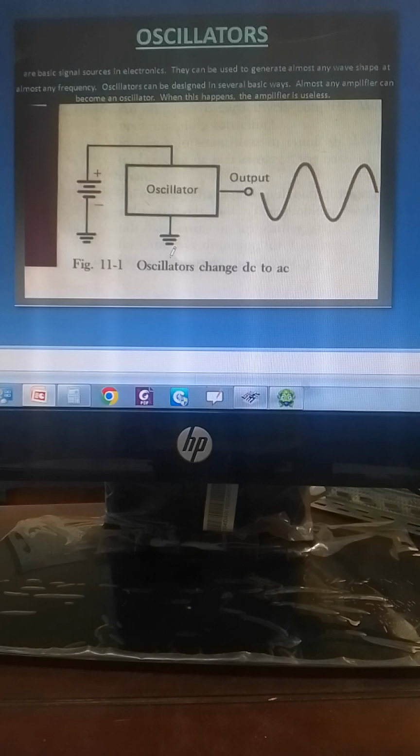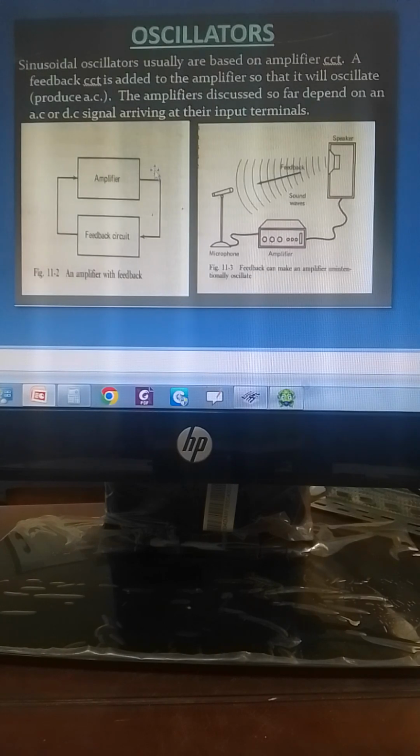Sinusoidal oscillators are usually based on amplifier circuits. A feedback circuit is added to the amplifier so that it will oscillate or produce AC. The amplifiers discussed so far depend on an AC or DC signal arriving at their input. As we can see here, this is an amplifier, and this is a feedback circuit.